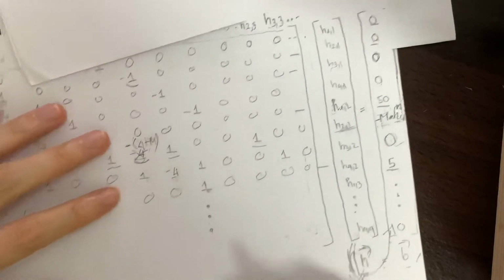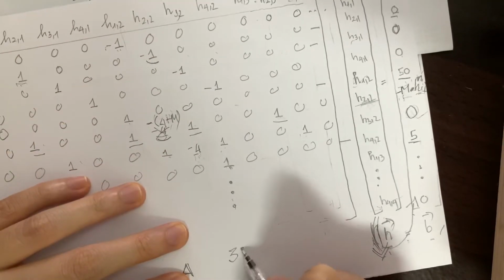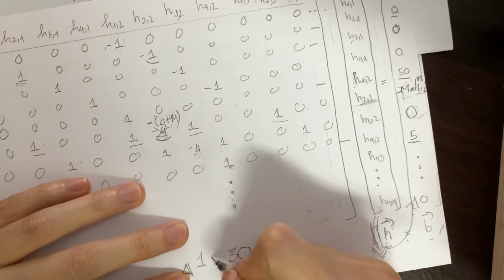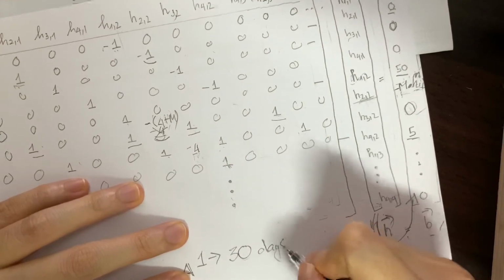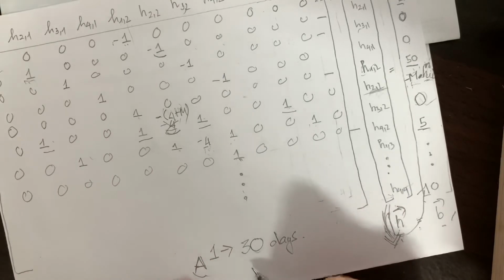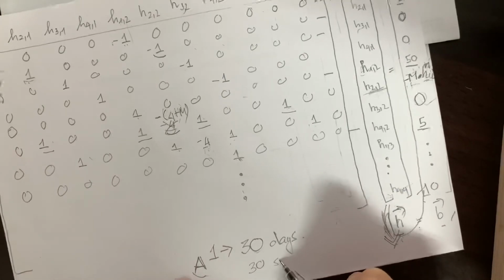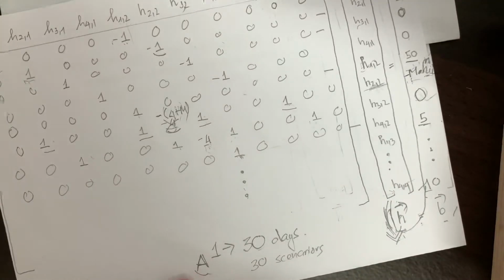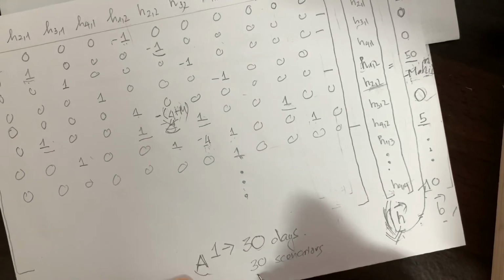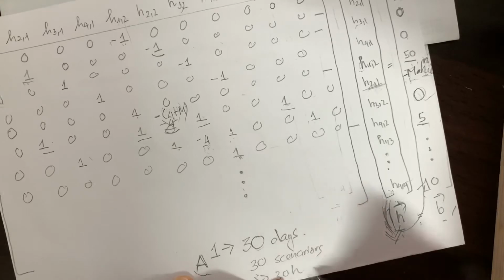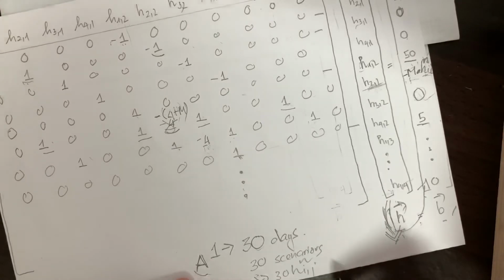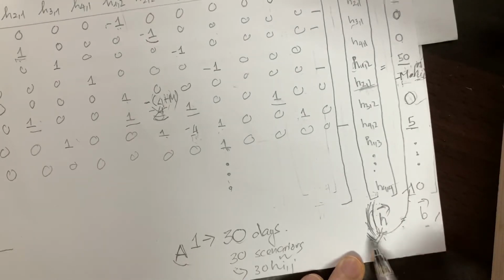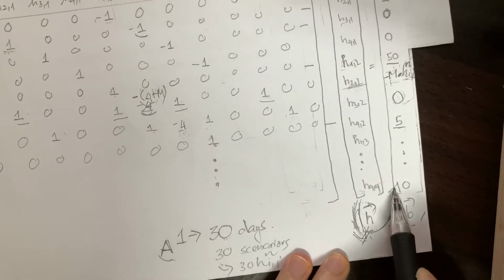For example, if your transient flow goes from the first day to the 30th day, it means you have 30 scenarios, so you have 30 x i j n variables, and you put them in here.